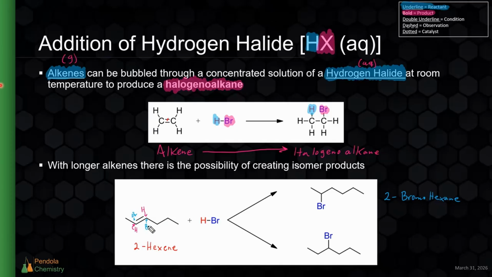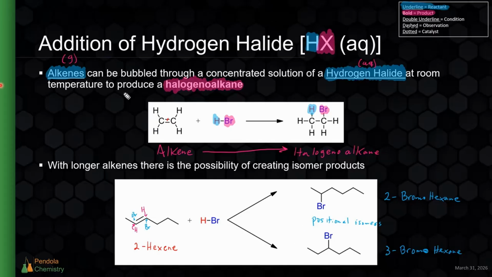Whereas if the bromine is added to carbon 3, like we have in the bottom here, we'll get 3-bromohexane. These are positional isomers of each other. So this reaction has a possibility of creating positional isomers.